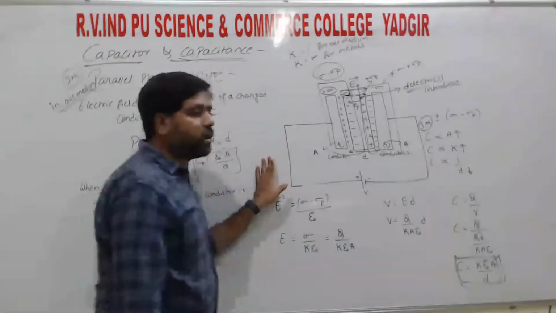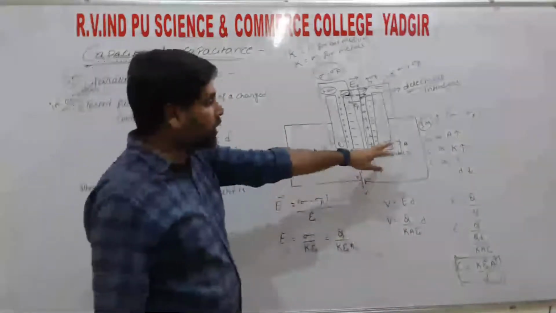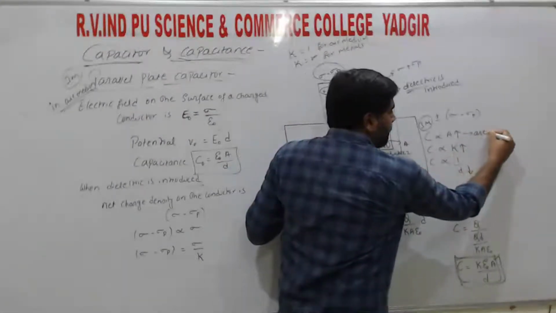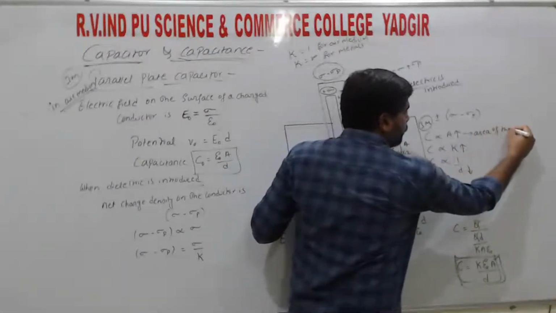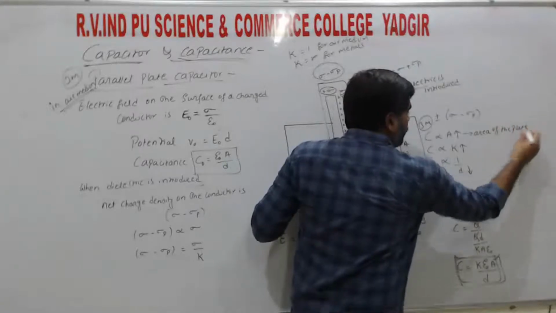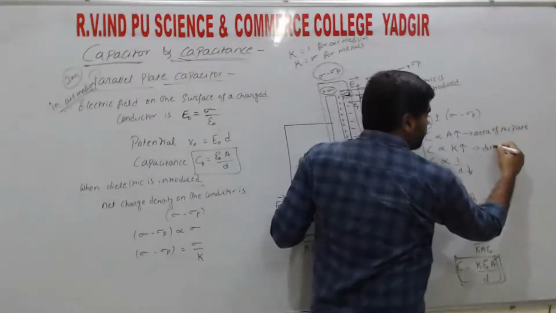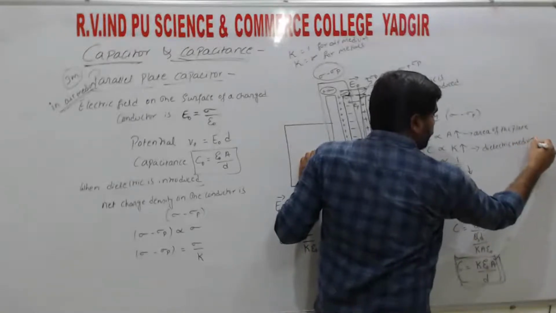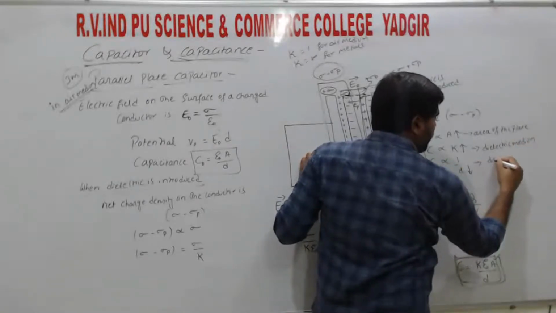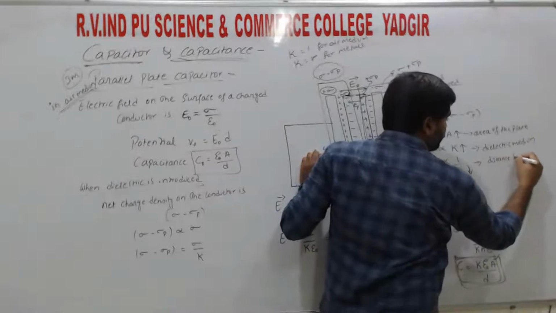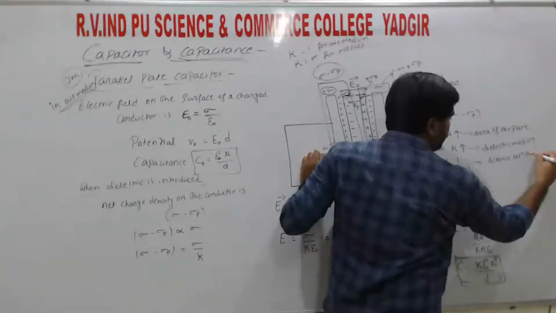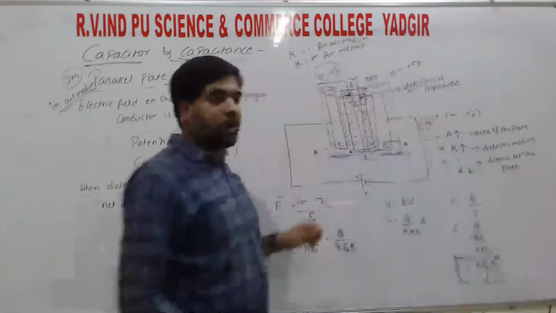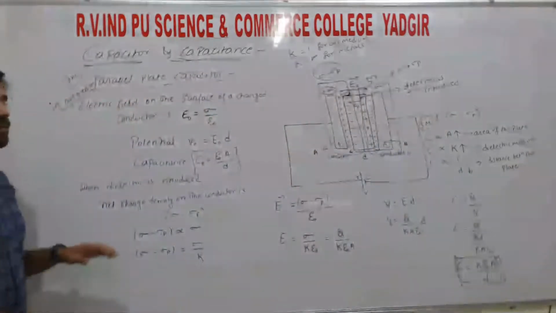If they only ask on what factors the capacitance of a capacitor depends, then: area of the plate, next, dielectric medium, and distance between the plates, right? So this is about the capacitors and capacitance.